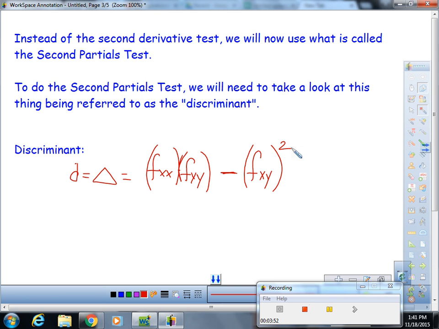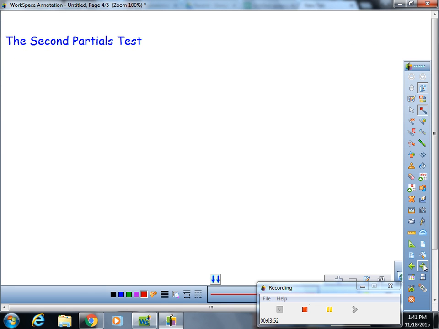So the second partials test says this. First of all, it only works when the partials are both equal to 0. So we can't use the second partials test when they're undefined. We'll only be using these when we can set things equal to 0 and solve for them.